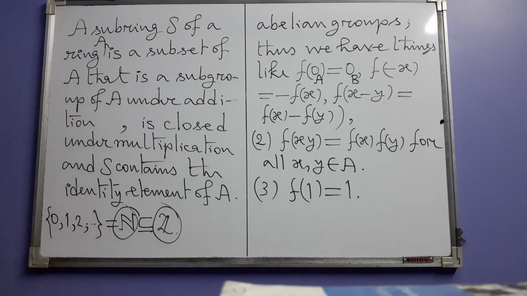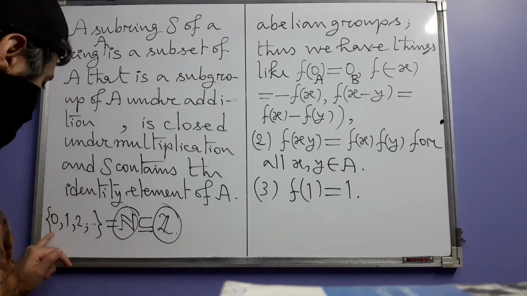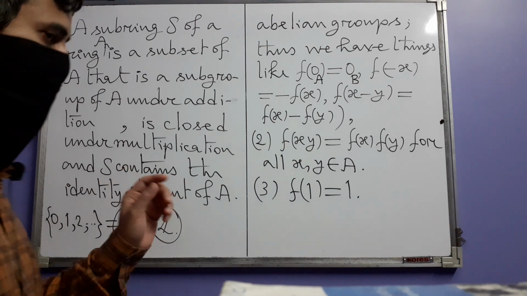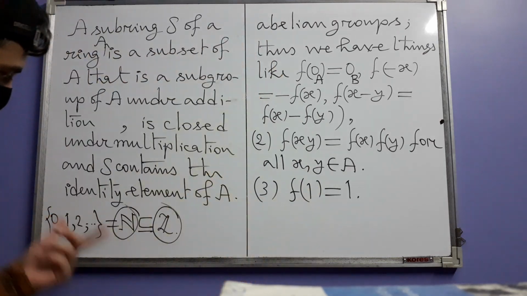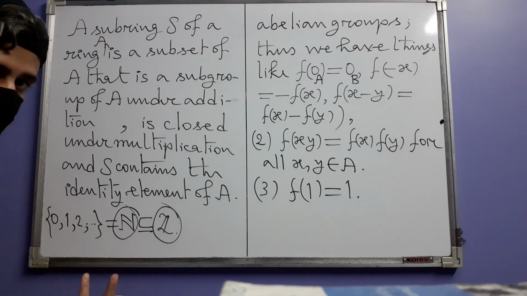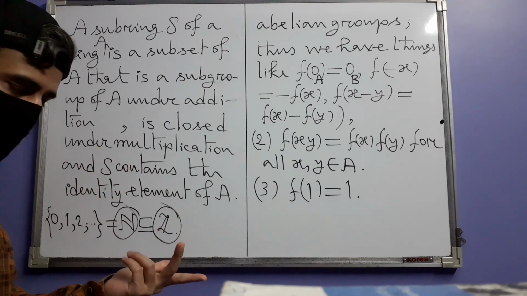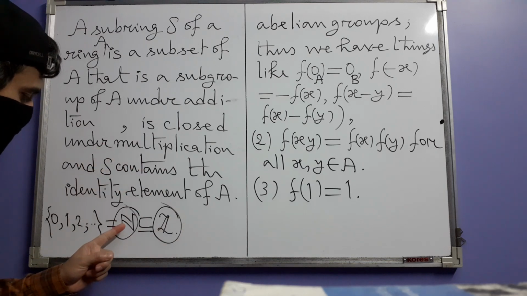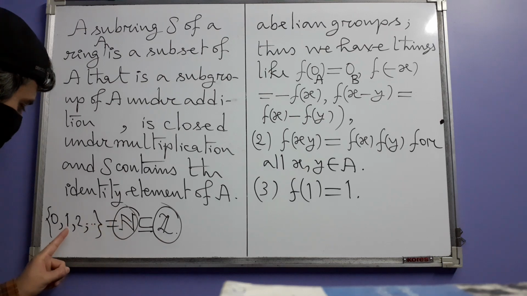Is this set closed under addition? Yes. Whenever you add any two natural numbers, or more specifically any two non-negative integers, you again get a non-negative integer. Is it closed under multiplication? Yes. The product of any two non-negative integers is again a non-negative integer. Does it contain the identity element of Z, which is 1?